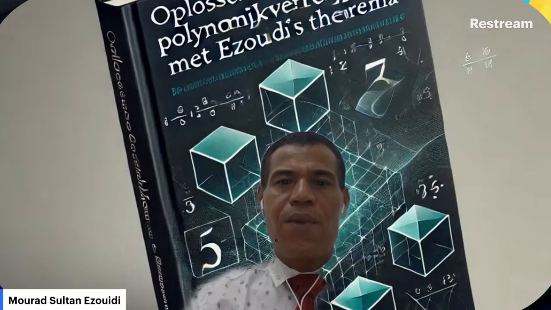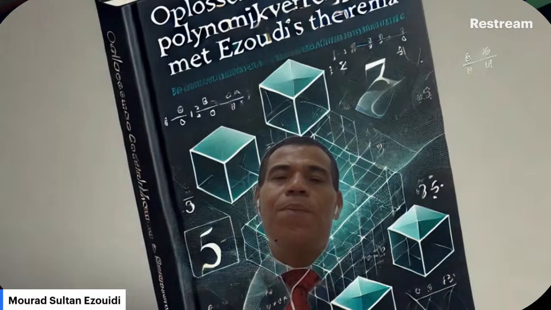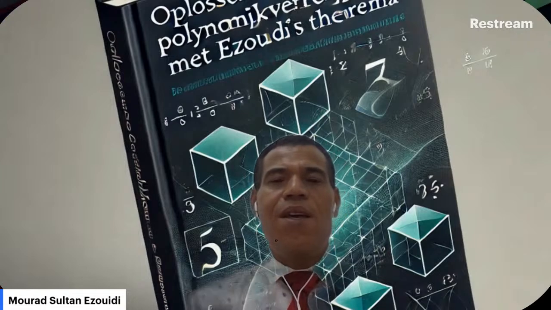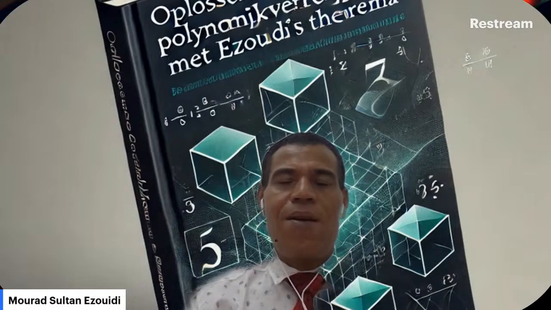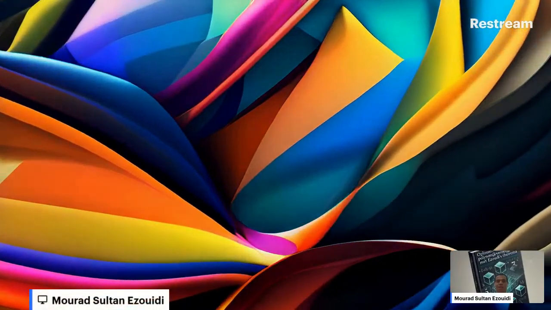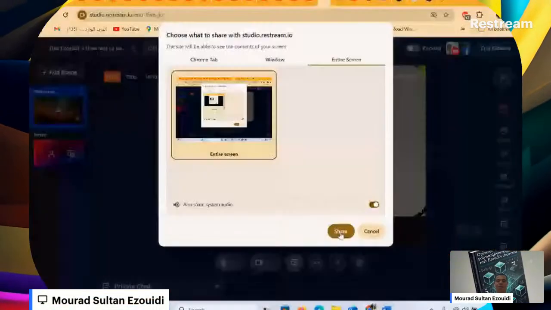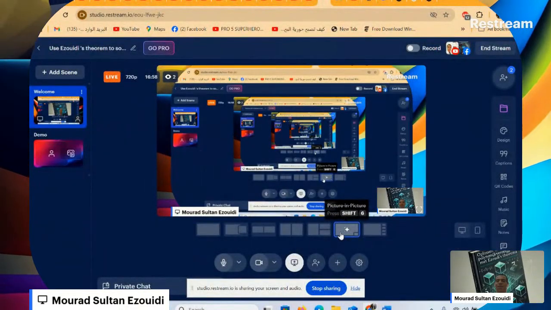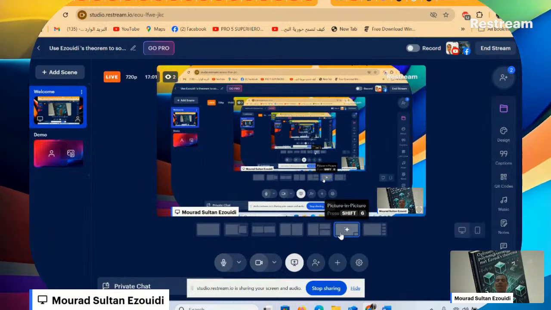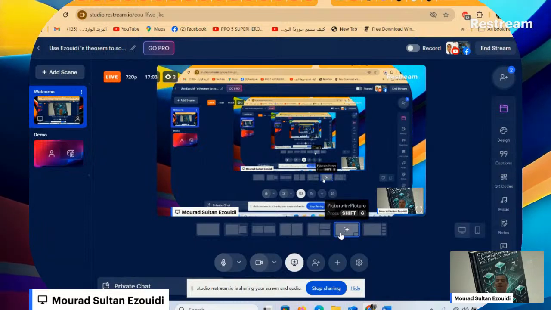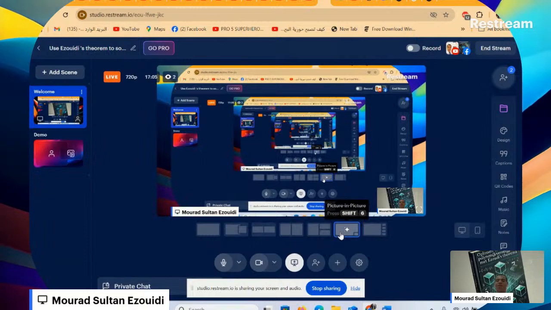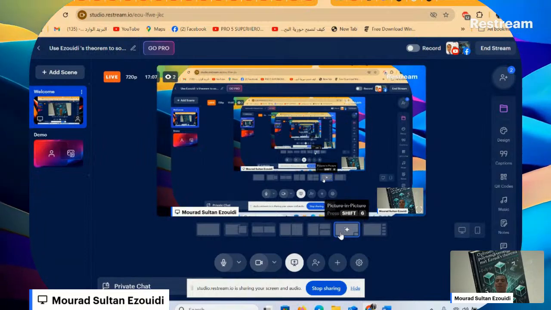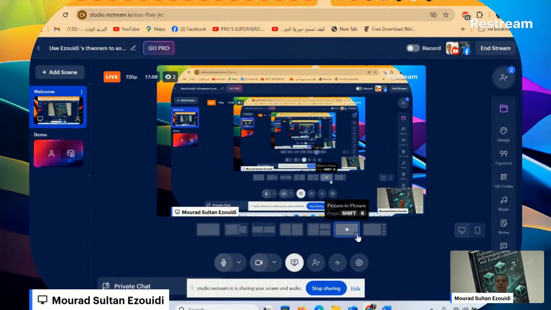Yes, this one is the screen. Okay, and it's a chance for you to apply the theory. And as I told you, both ChatGPT and DeepSeek wrote that they can solve this kind of 11-degree equation. Okay, so here you can see the screen.